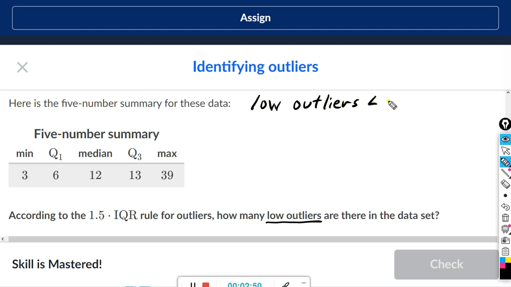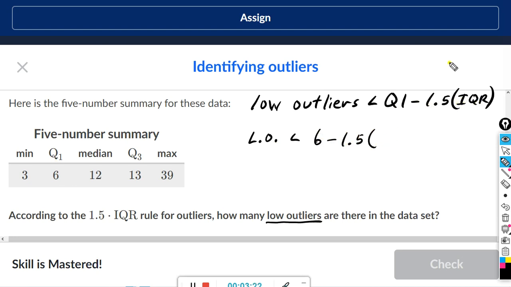We said a minute ago, the low outliers are going to be less than Q1 minus 1.5 times IQR. So the low outliers, LO, are less than Q1, which is 6, minus 1.5 times IQR.